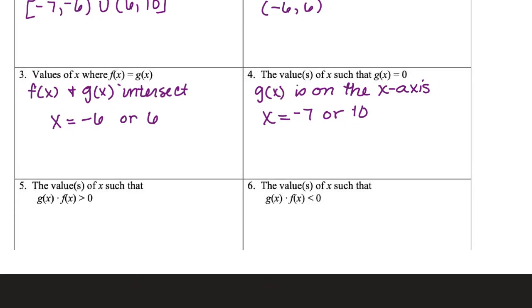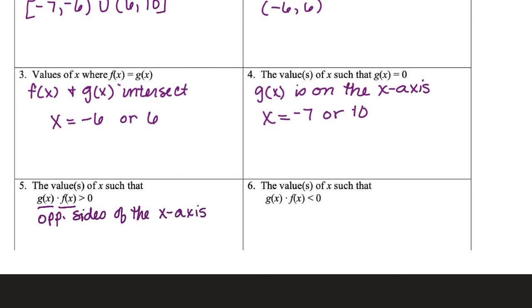Okay, the next one's find the values of x such that the product of g of x and f of x is greater than 0. So in other words, f of x and g of x, they're on opposite sides of the x-axis.